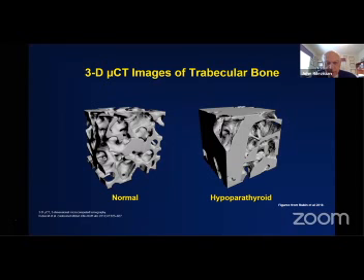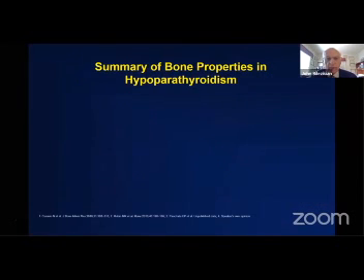On the right, you see a block of bone that looks like a block of concrete. And I like to think of this as the corticalization of trabecular bone. This is the trabecular compartment. If I were to show you a similar micro-CT image of hyperparathyroidism, you would have seen the opposite, namely the trabecularization of cortical bone.